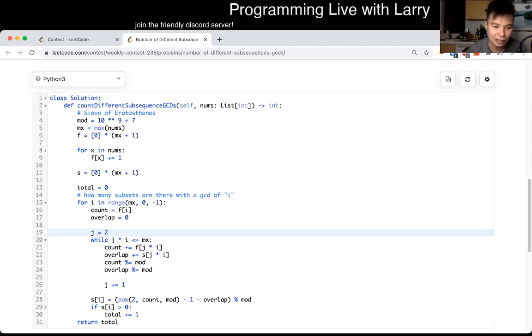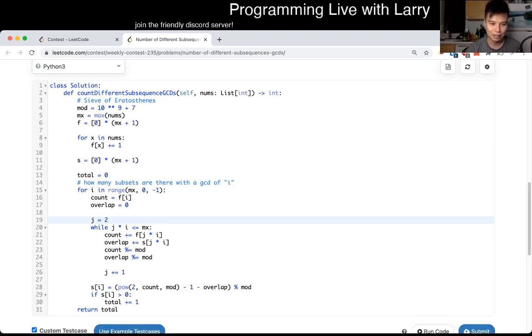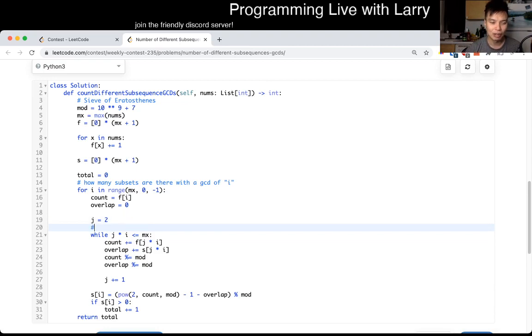And here we start with 2, for example. Let's say i is equal to 10. Then we know that numbers with a GCD of 10 would be 10, because GCD of 10 and 20 is equal to 10, GCD of 10 and 30 is equal to 10, and so forth. So that's basically what this does here.